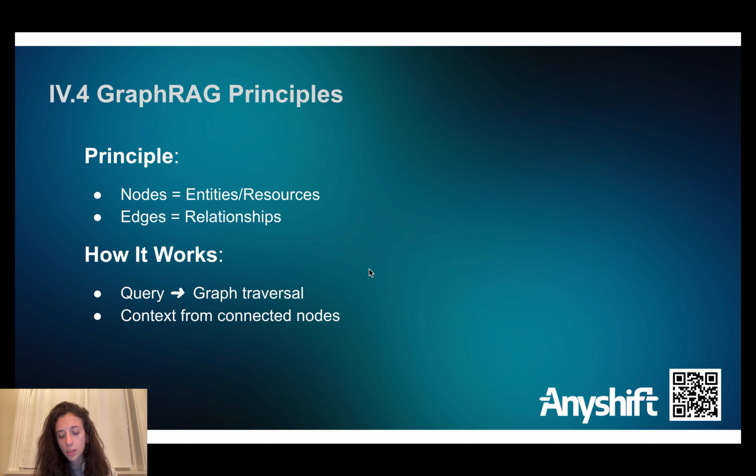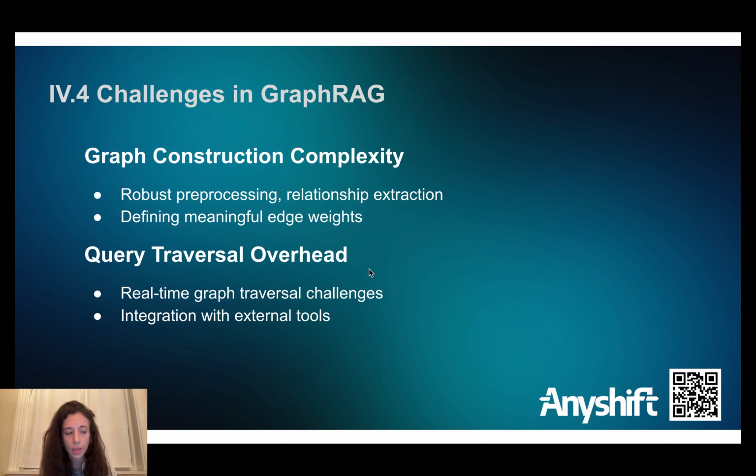To leverage this graph at query time, when you have a question, you go through this entire graph to ask what the connections are between those different nodes. The core challenges in graph RAG are that, first, its construction is complex, and second, the traversal is complicated.